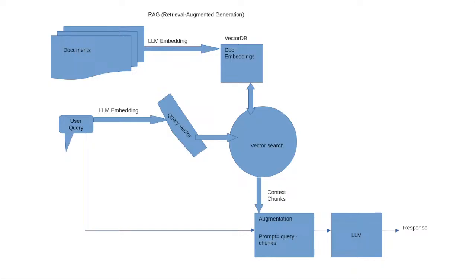Because even if we provide context, LLMs have a lot of information apart from it and will try to use their own data. So we have to specifically mention that you should not use your own data, only the context provided in this prompt.